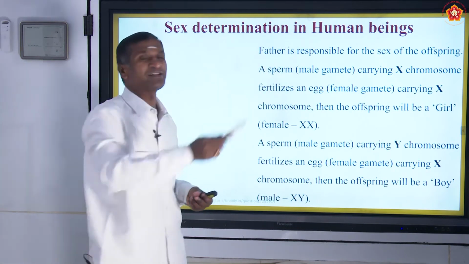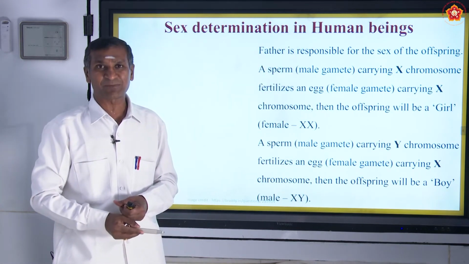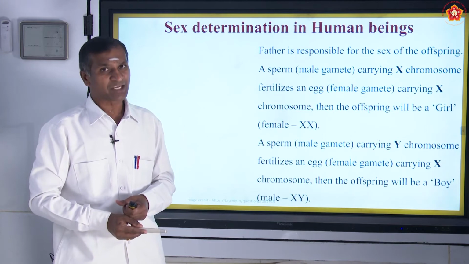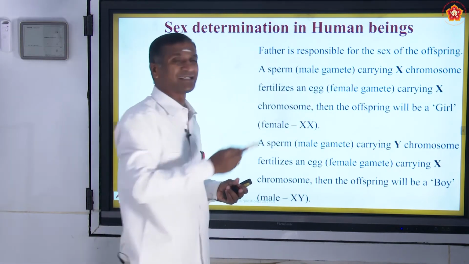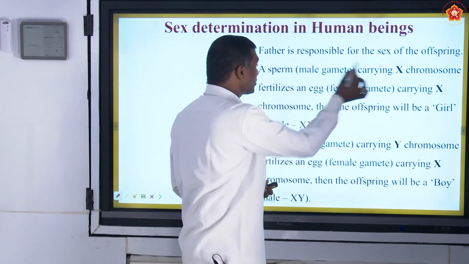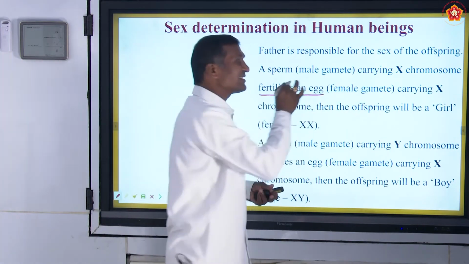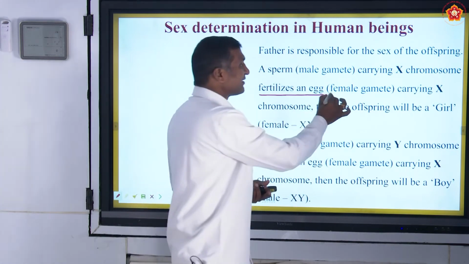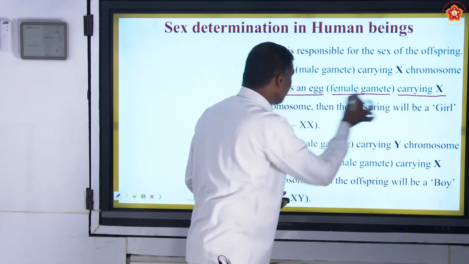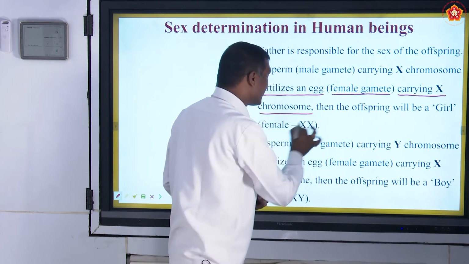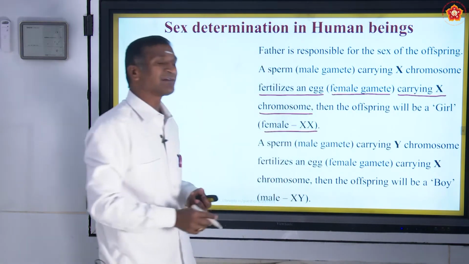Father is responsible for the sex of the offspring, because if a sperm, the male gamete carrying X chromosome, fertilizes an egg, the female gamete carrying the X chromosome, then the offspring will be a girl.